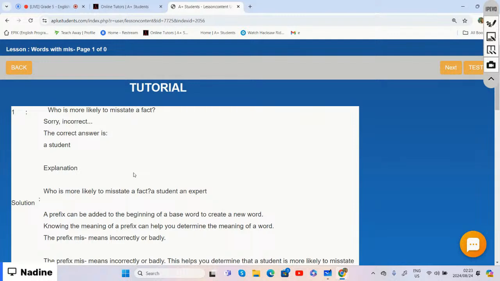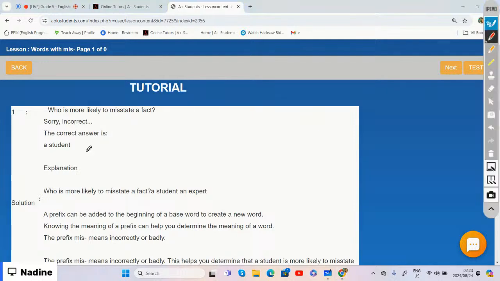And somebody who might misstate a fact, we would say, is a student.